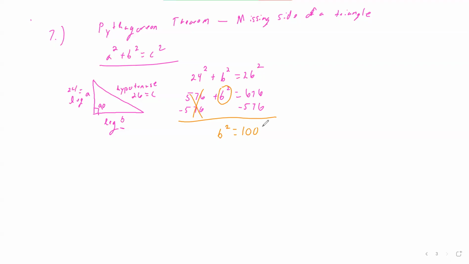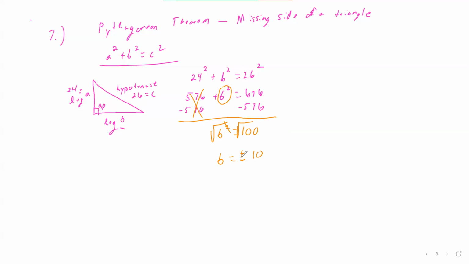So B squared is 100. So what do I do to get rid of that square? There you go. I'm going to square root. Now we're not going to forget what? Plus or minus. And what's the square root of 100? 10.